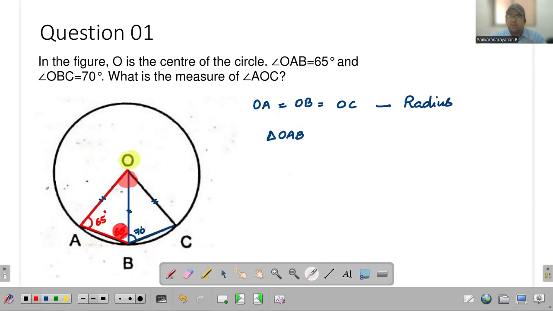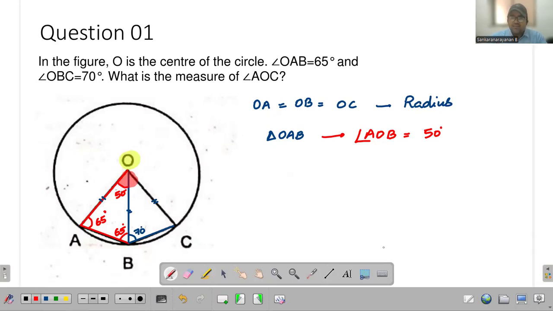But for triangle OAB, the sum of all the internal angles should be 180 degrees, which means I can thus see that the measure of angle AOB should be equal to 50 degrees. So I shall just mark this here. This will be coming as 50 degrees. Okay. Now you can say 65 plus 65, 130. 130 plus 50, 180 degrees.